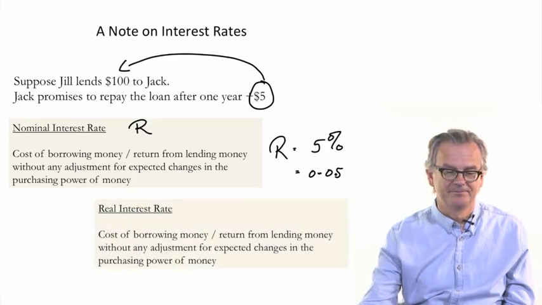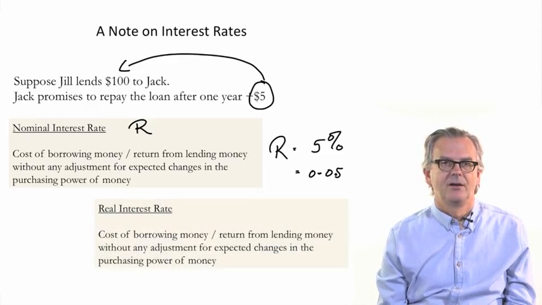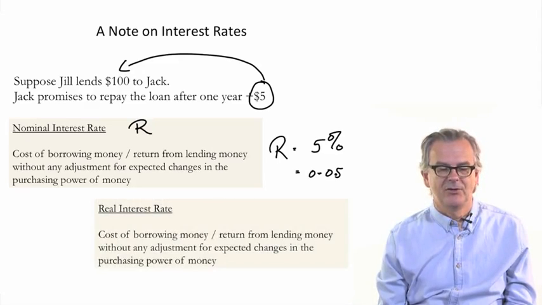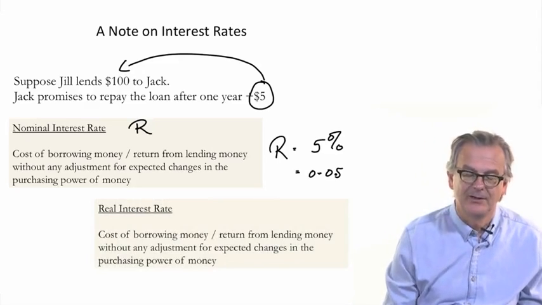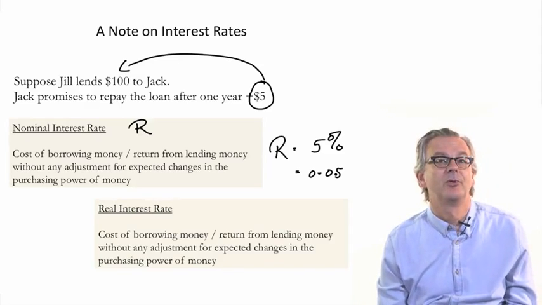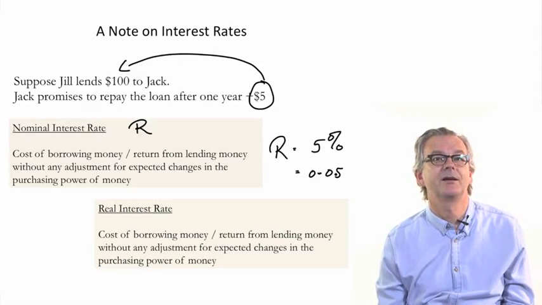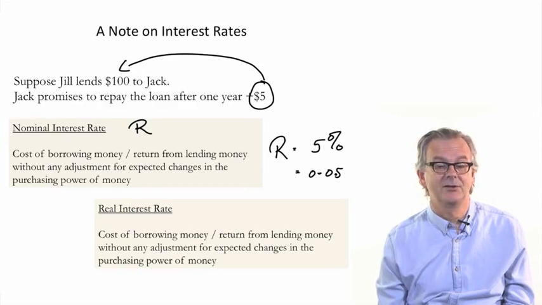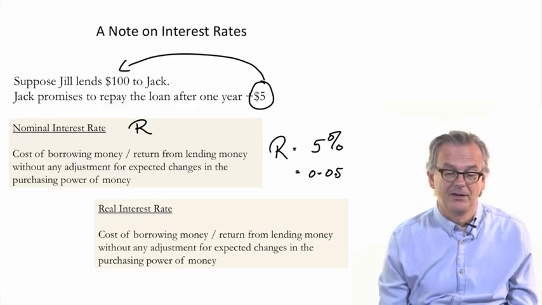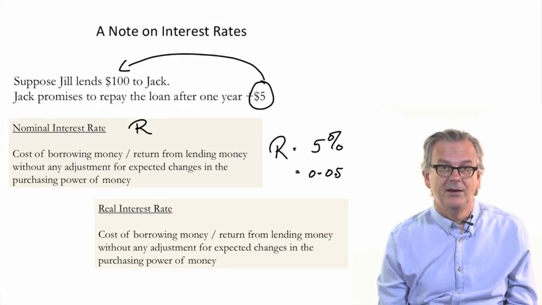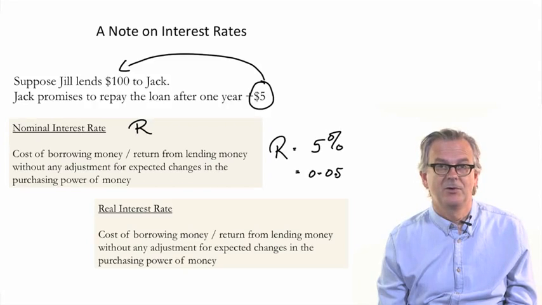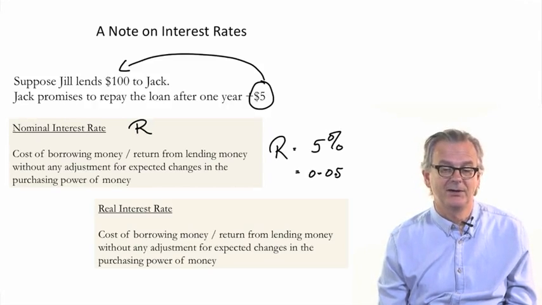What do I mean by that? I want to contrast that with a concept known as the real interest rate. Now, the real interest rate is usually not reported in the financial press. It's not what's going to be quoted to you when you go into a bank and ask for a loan. It's probably not what Jill and Jack have been discussing when they negotiated the terms of this particular loan. But in macroeconomics, it's the real interest rate rather than the nominal interest rate that actually matters for decision making.